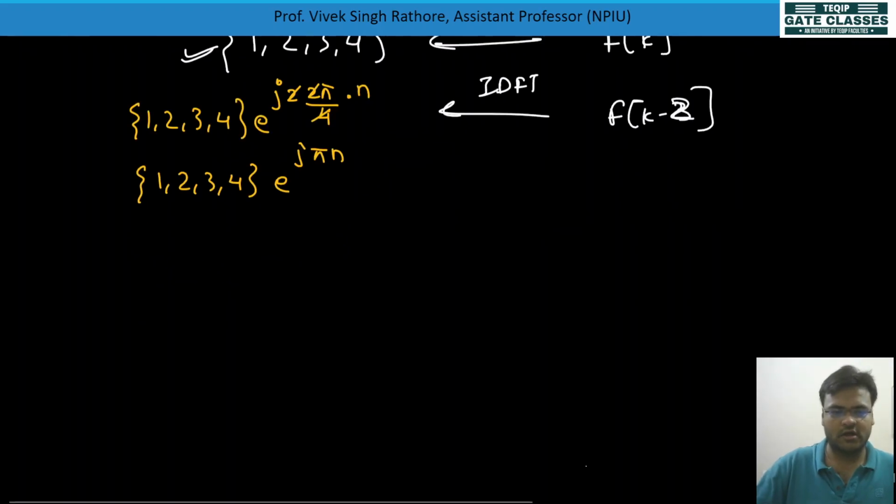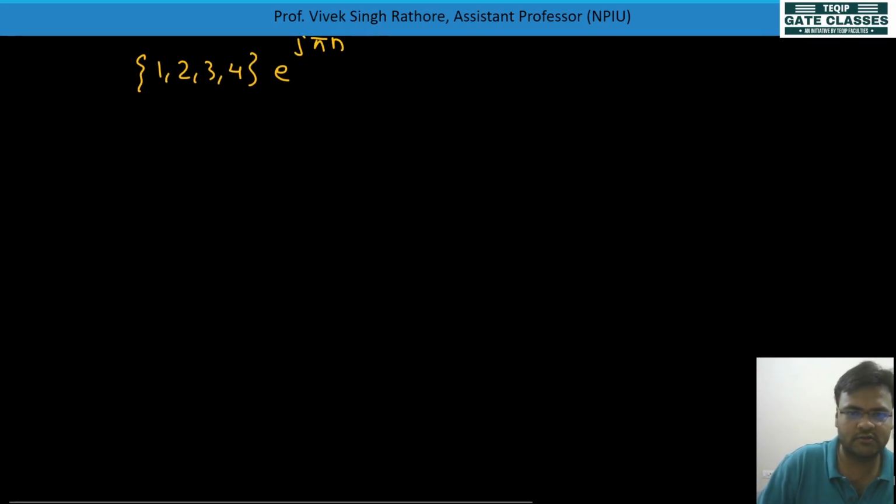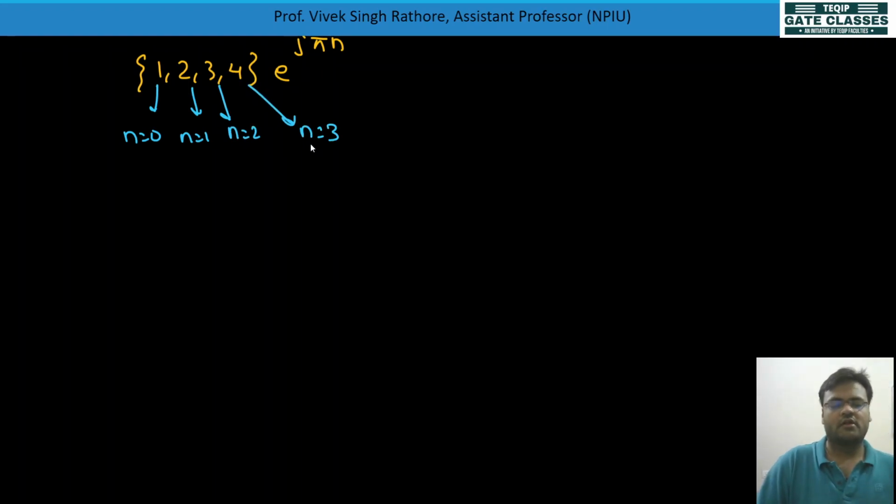Now see, this is n equal to 0, this is n equal to 1, this is n equal to 2, and this is n equal to 3. So for different values it will come like this, we'll try here again.